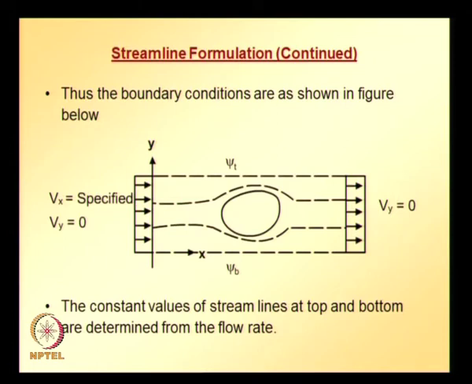The constant values of streamlines at the top and bottom are determined from the flow rate. So, what is the difference between psi t and psi b, that is given by the flow rate?